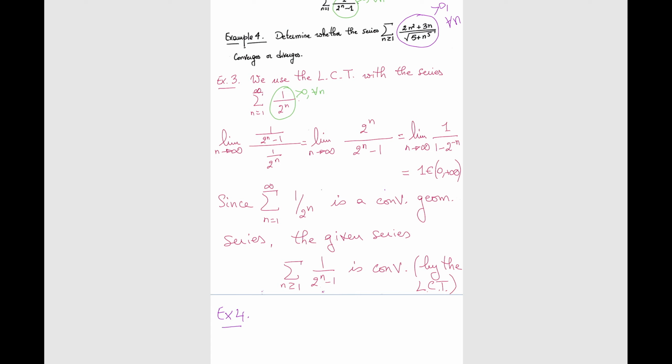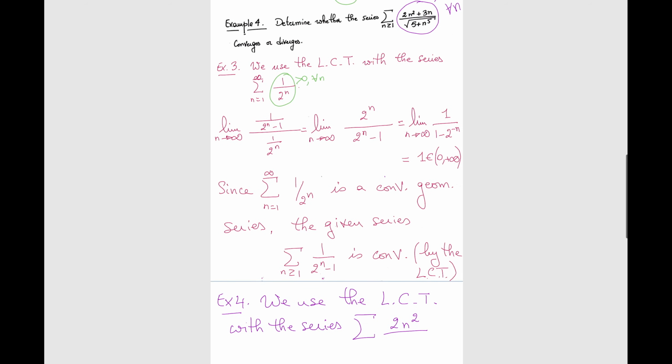So we're going to use the limit comparison test with the series, I'm going to take the dominant term upstairs, which is 2n squared, and the dominant term downstairs, which is square root of n to the 5. Correct?